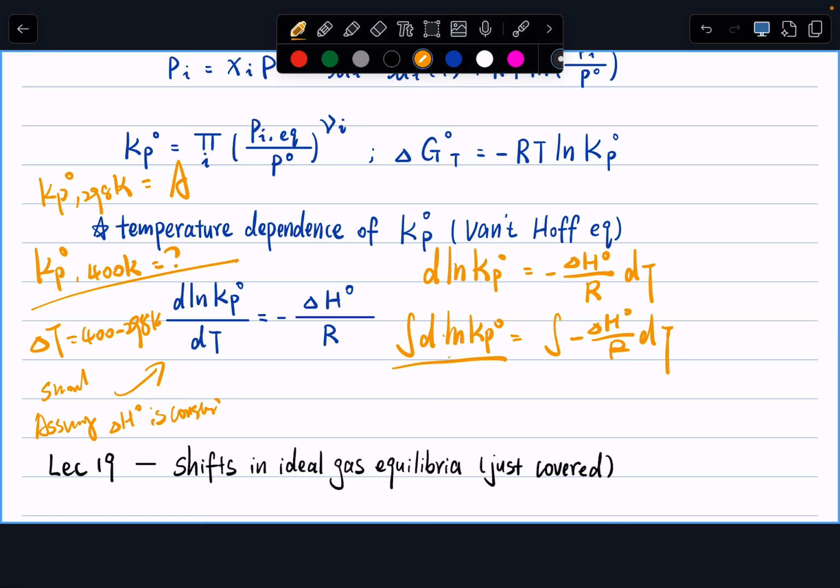That means this part is your ln Kp naught at 400 K minus your ln Kp naught at 298 K, which equals the negative delta H naught over R, integrated in dT between T1 and T2. Student: For the equation on the board, isn't it d ln Kp over d(1/T) equal to negative delta H over R?